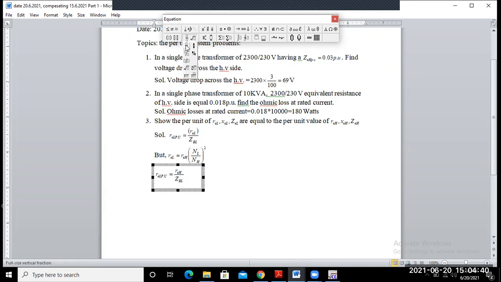So N_L means the number of turns of the low voltage side, N suffix L divided by N suffix H, whole to the power 2.